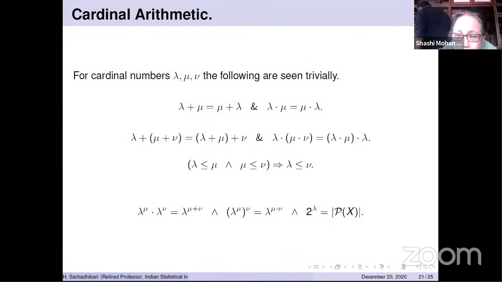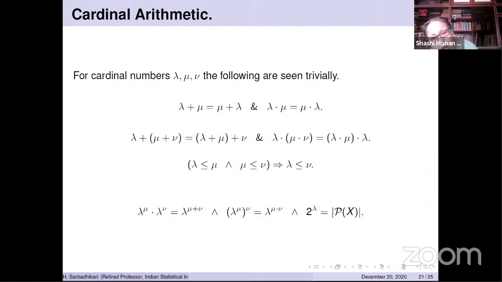Now, these usual things, you can see, because X union Y and Y union X is the same set anyway, and X cross Y and Y cross X have a one-to-one match between them. So lambda plus mu is equal to mu plus lambda for any cardinals, and lambda into mu is mu into lambda.